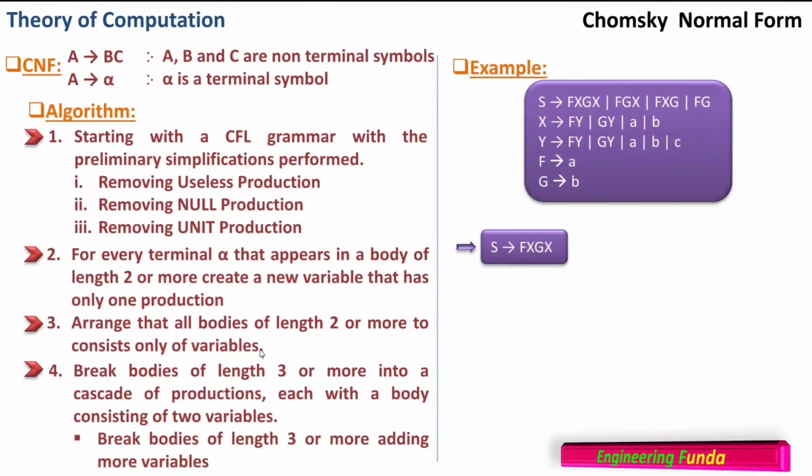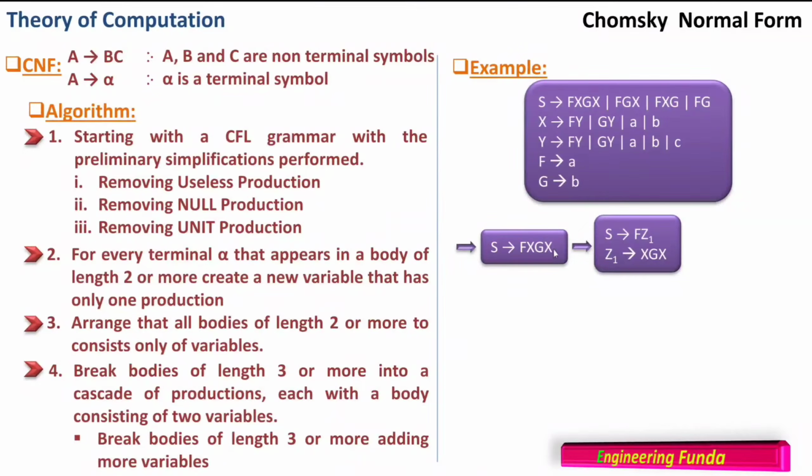Now what is to be done here is that we have to break this FXGX into parts where it has only 2 variables. So we will take F as one part and XGX as the second part. So my S tends to FZ1.